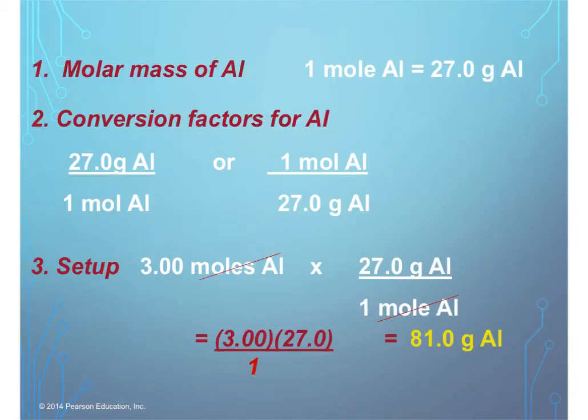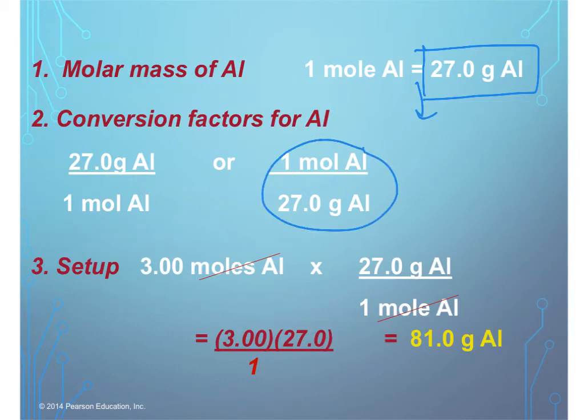If you look in the periodic table, the molar mass of aluminum is 27 grams. This is the equality that becomes our conversion factor, which is 1 mole of aluminum equals 27 grams, or you could flip it upside down. Same thing, 27 grams of aluminum is 1 mole.